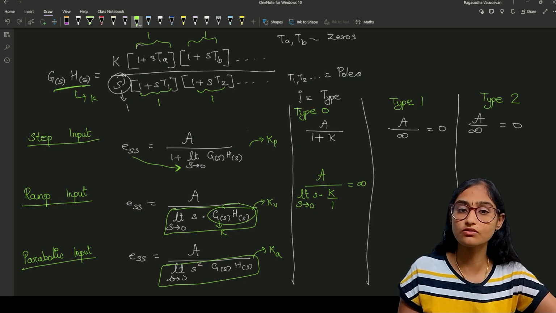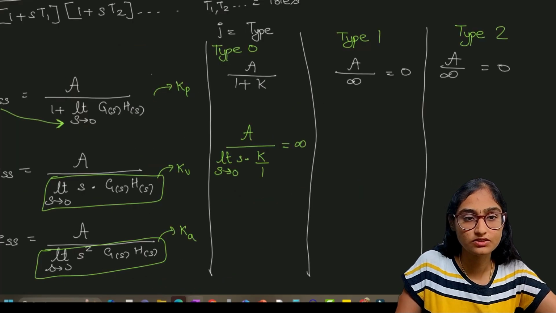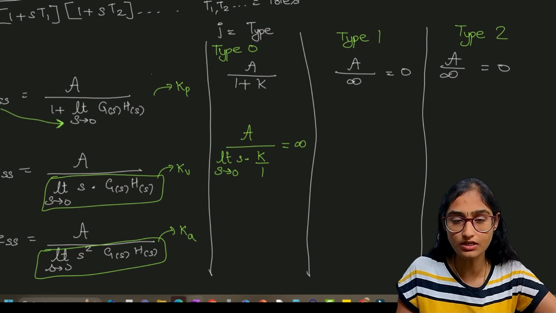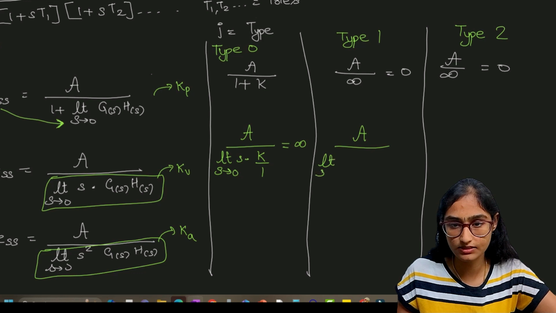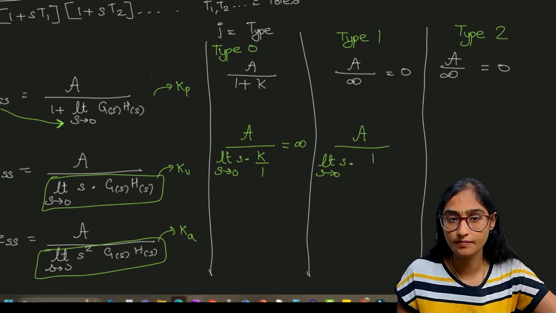What happens to type 1 system? In a type 1 system, the value of j is 1. So again, this will be s power 1, which is s. Okay, so the value of g of s, h of s is going to be limit s tends to 0, s into g of s, h of s, which is k divided by s.